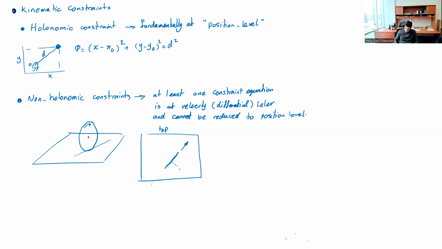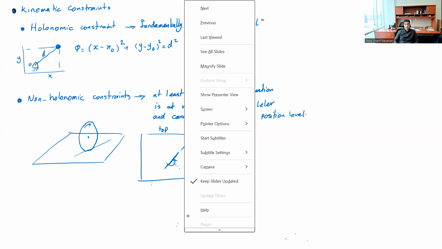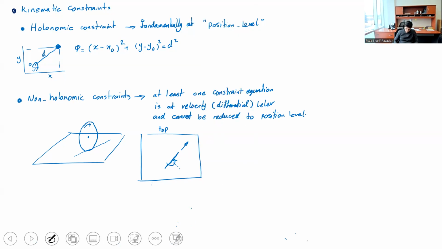And to show that it's not a position level constraint, I can steer my wheel. So that is steerable. This is the path of the vehicle, the wheel. I can go up and then come to any other point. So the position of the wheel is not constrained.